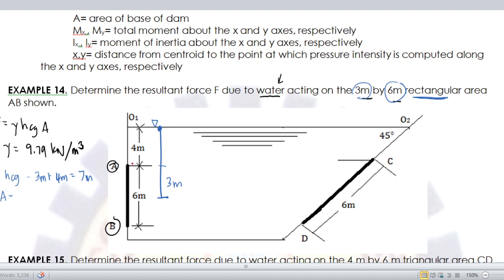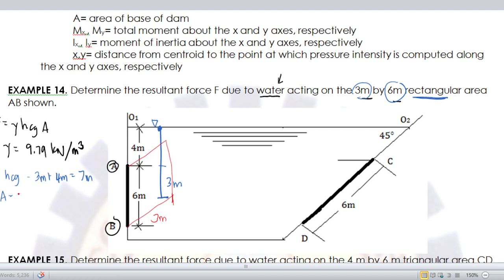If we see through the three-dimensional area of this surface, the 3 meters is right here. Can you follow? So this is 6 meters and this one is 3 meters, the width.